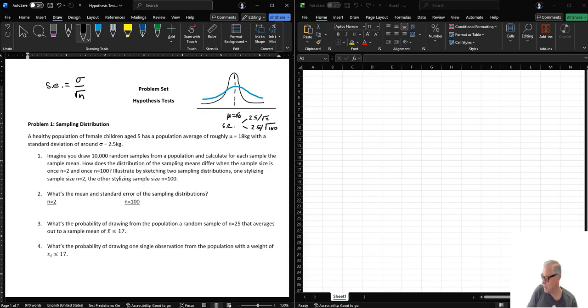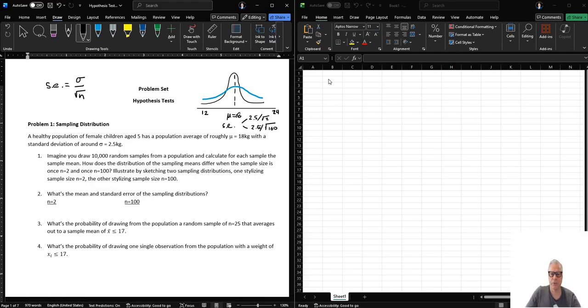So it should be enough if I just draw something where the lower end is maybe 12, and here it is 24, because then I'm enough standard errors away so that the tails become 0. So let's do that.